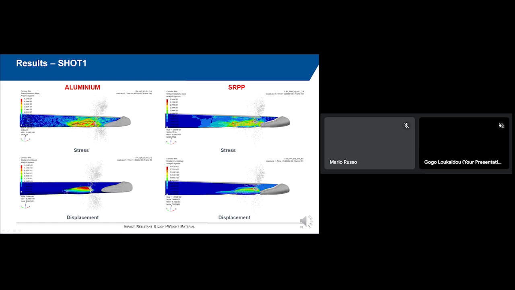SPP is a kind of composite material that we want to use to substitute the aluminum. It's very interesting because it has great properties, especially when it's impacted. And the interesting thing is it's a sustainable and lightweight material.